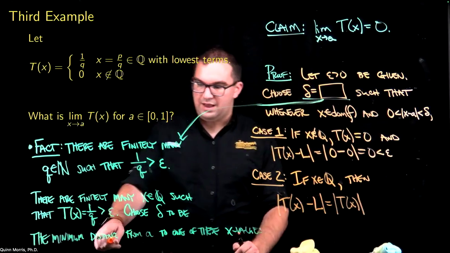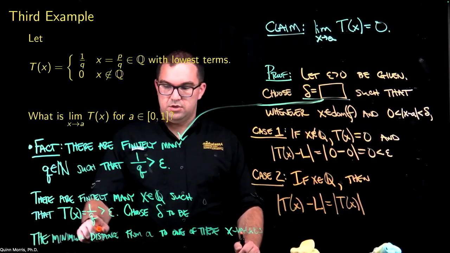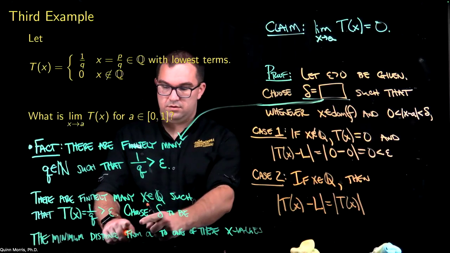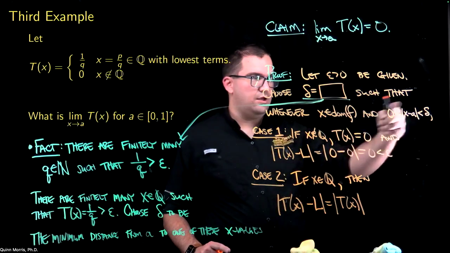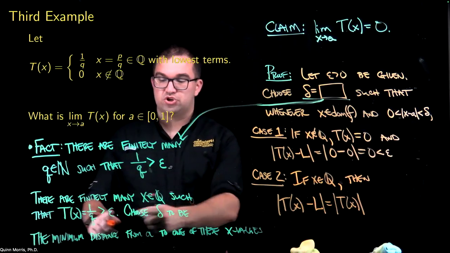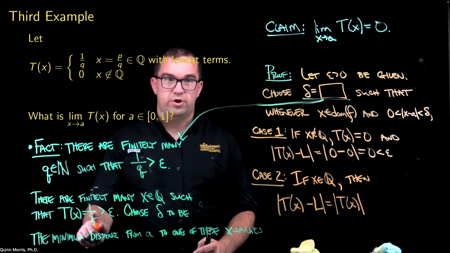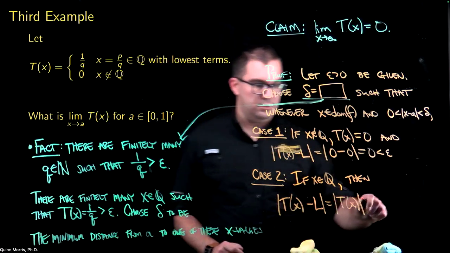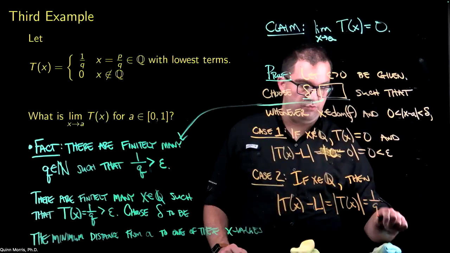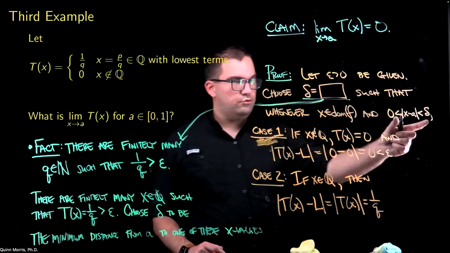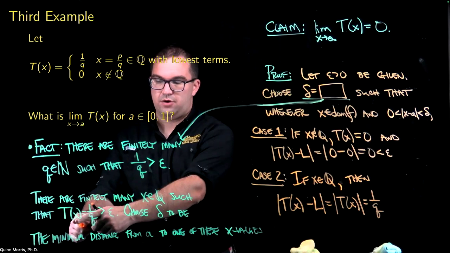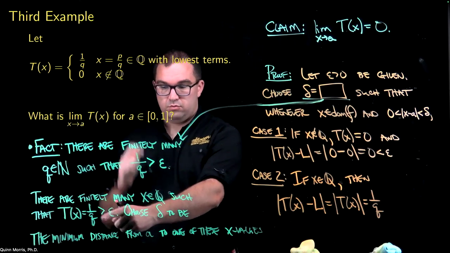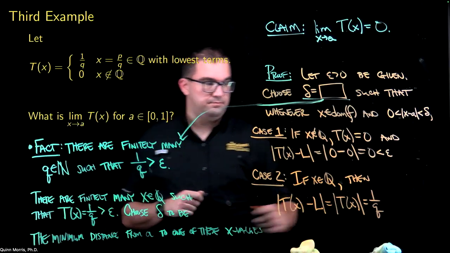Okay. Now, I've chosen my delta so that I'm actually not in my delta interval around A, I have excluded all of the ones where 1 over q is greater than epsilon. So here what I have is just 1 over q, but my delta is close enough to A such that I have excluded all of the x values where T of x was greater than epsilon.